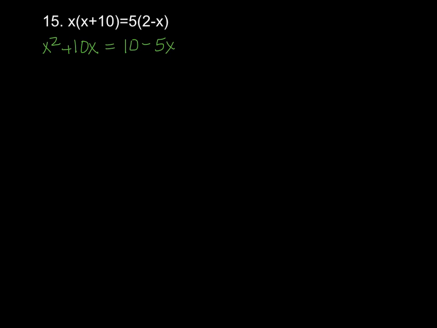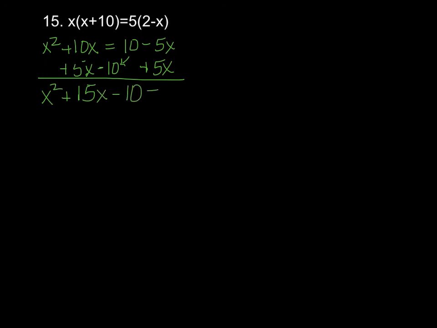I would like to get everything to the side with the x squared, so I'm going to add 5x, and I'm also going to subtract this 10 over. I'm just going to draw a little arrow, otherwise it's going to get a little ugly looking. So then what that gives me is x squared plus 15x minus 10 equals 0.